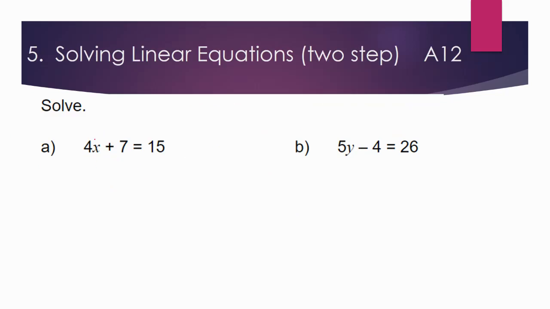Okay, this one we just extend a little bit more. We were only doing one thing last time, so now we've got to do 2 steps to find our value of x. First thing we're going to do is get this part all on its own. So we've got 4x equals, so we've got 15 here. We want to take away the 7 here. We've got to do 15 take away 7.